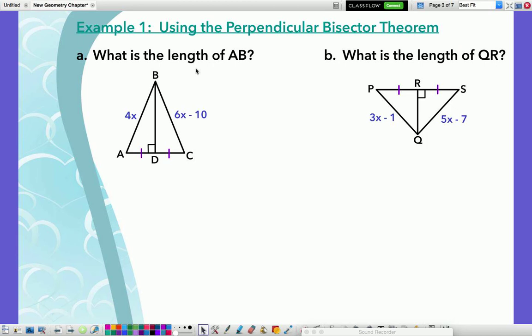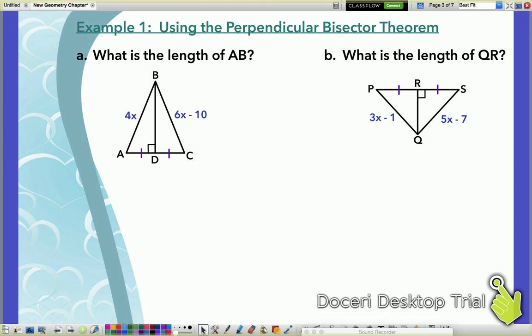All right, example 1. So we're going to use the perpendicular bisector theorem when we're doing these problems. Okay, so we know the perpendicular bisector is DB. Here's my perpendicular bisector. I know it cuts the bottom two parts into congruent parts. So AD would be equal to CD, but these are also equal.